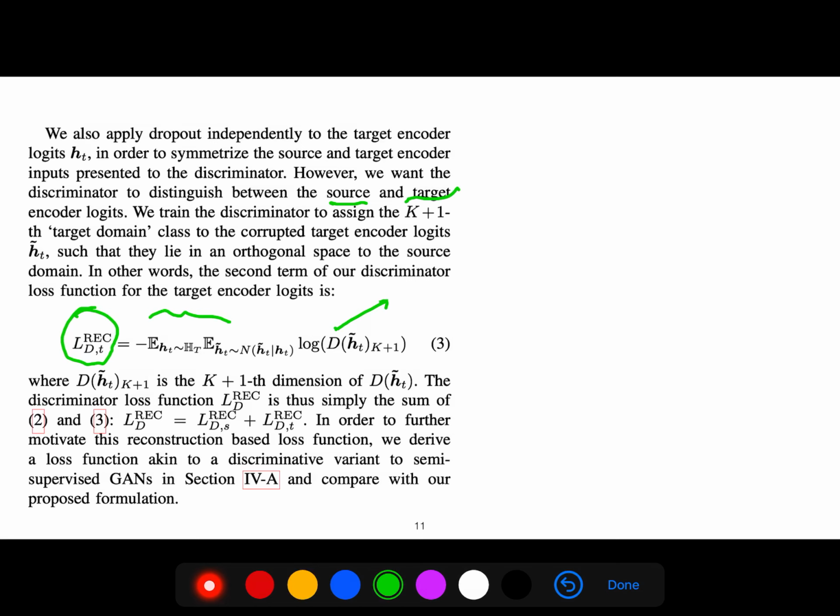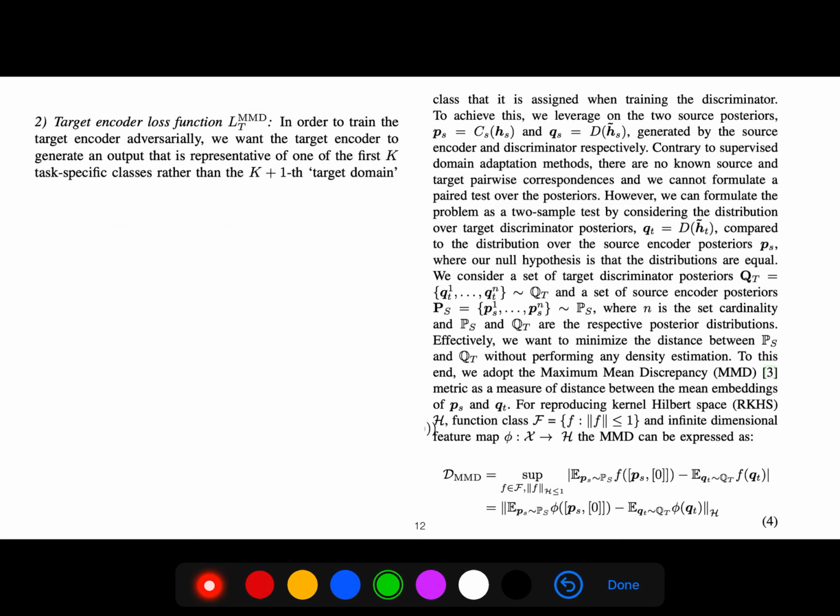And in order to further motivate this reconstruction-based loss, we derive a loss function akin to a discriminative variant of semi-supervised GANs. And for the target encoder loss function, in order to train the target encoder adversarially, we want the target encoder to generate an output that is representative of one of the first k task-specific classes rather than the k+1 target domain class that is assigned when training the discriminator.